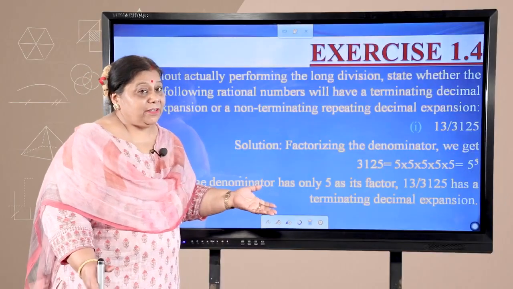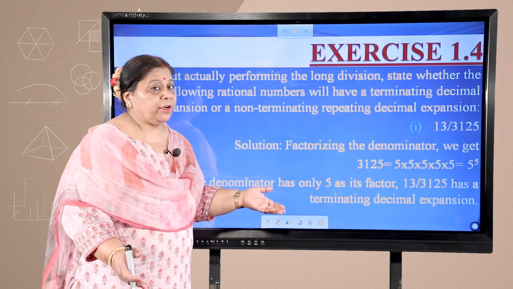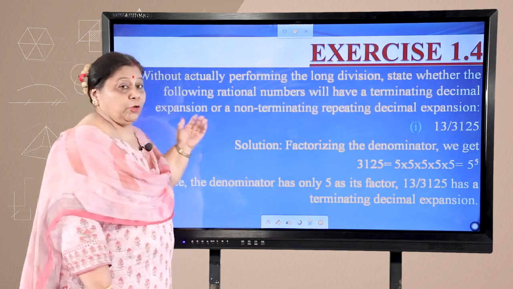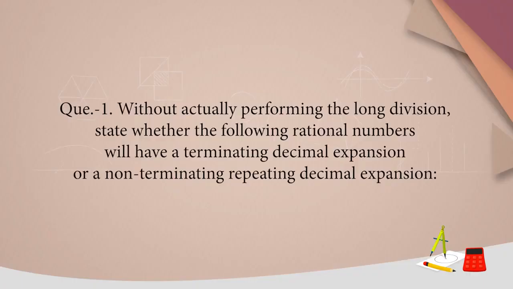Now, let us start with the exercise 1.4. Here, question number 1 says, without performing the long division, state whether the following rational numbers will have a terminating decimal expansion or a non-terminating repeating decimal expansion. Question is 13 upon 3125.